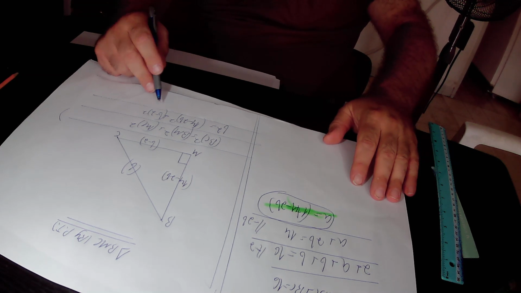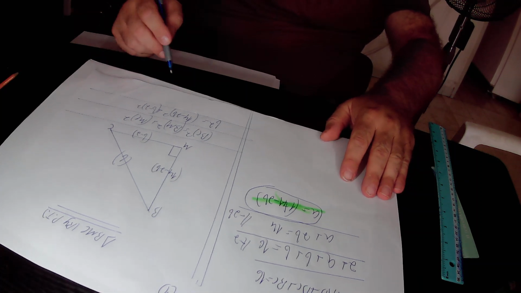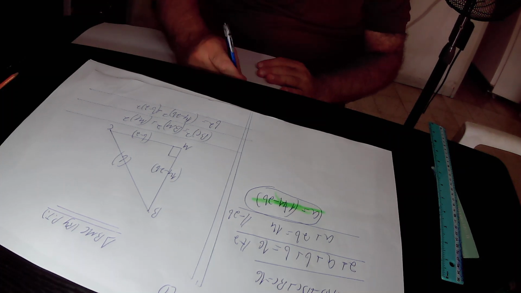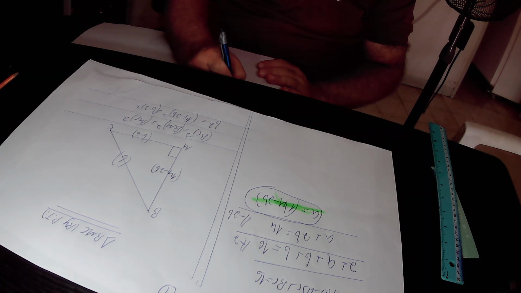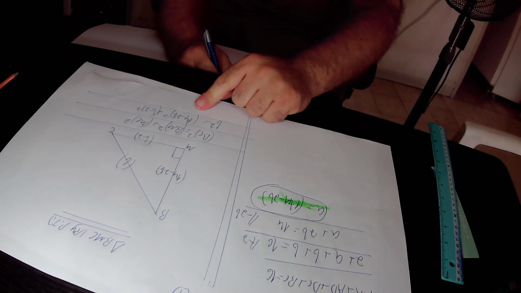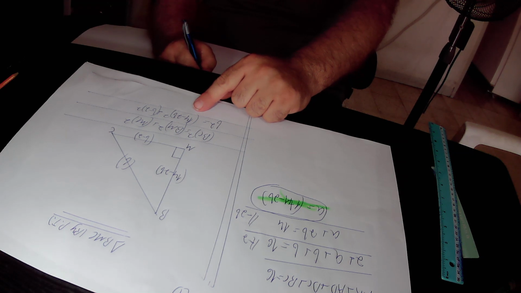Here we open the brackets on this side of the equation, and we get that B squared equals (14 minus 2B) squared, which is 14 squared, that is 196, plus (2B) squared. (2B) squared is 4B squared, minus 2 times 14 is minus 28, and minus 28 times 2B is minus 56B.